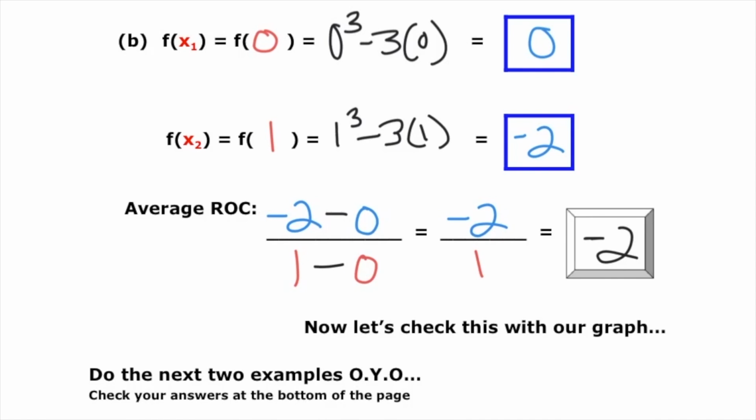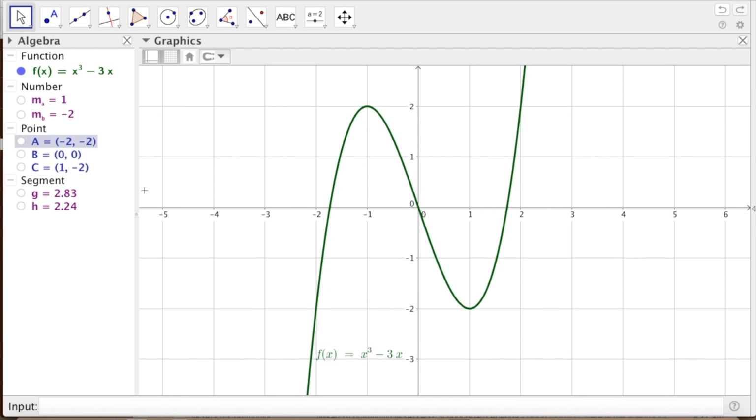Now again, we want to check this with our graph, so I'm going to put in another screen capture here as we look at the 2 points on the curve of f of x between 0 and 1 next. Slope between 0 and 1, plugging on the point 0, 0. And when x equals 1, tracing down to the function, we have -2.